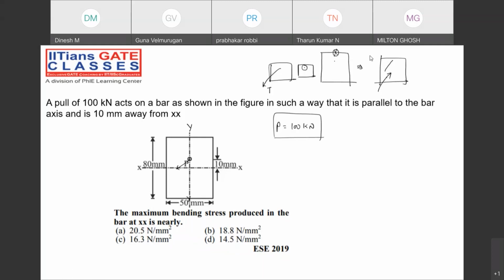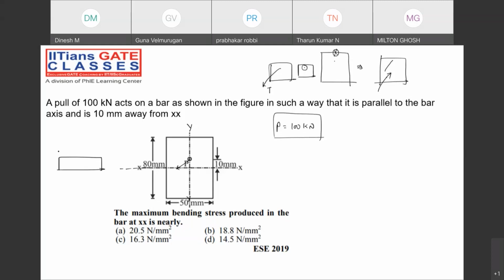See, whenever any moment is acting perpendicular to the cross section, or acting along the longitudinal axis, that particular moment is called a bending moment. This is the longitudinal axis. This is the cross section that I have shown you.